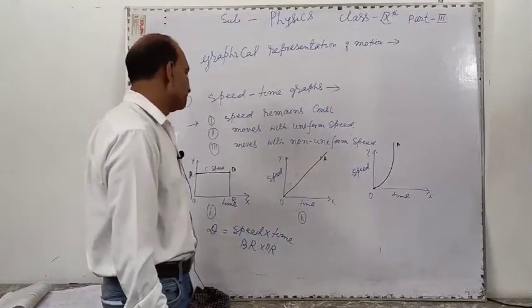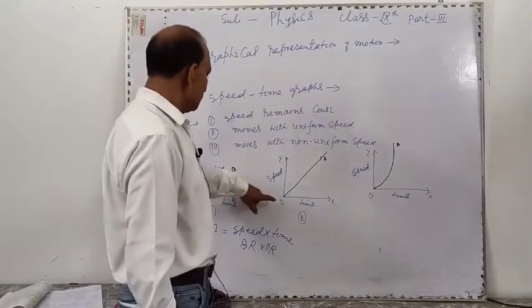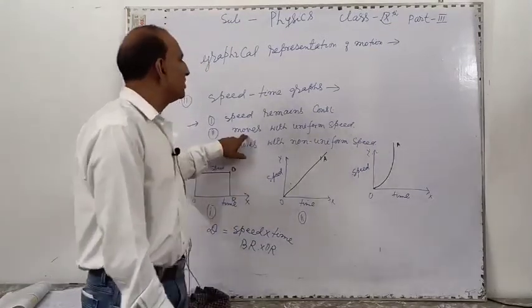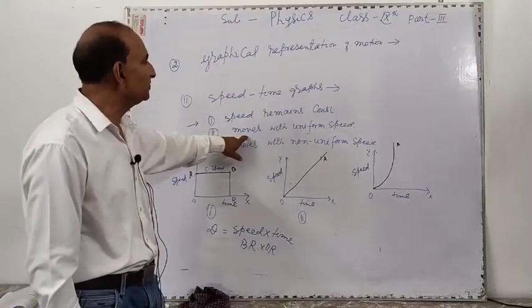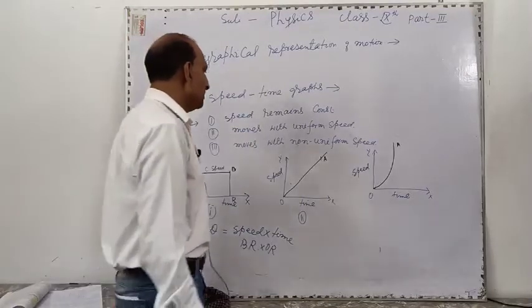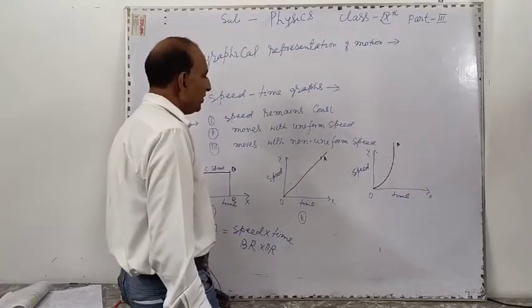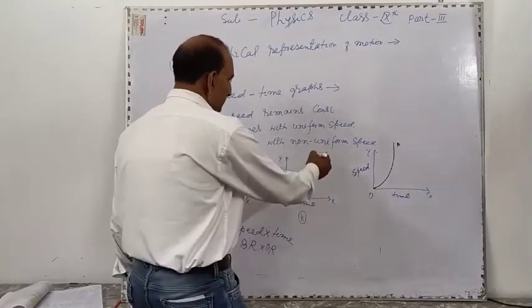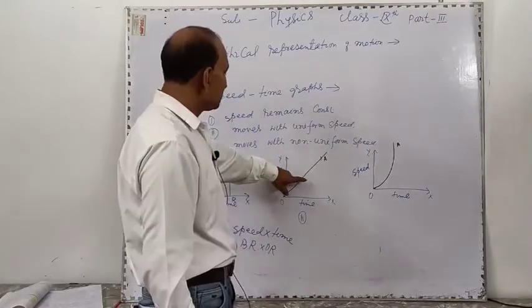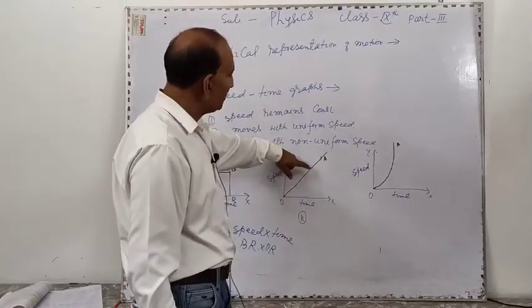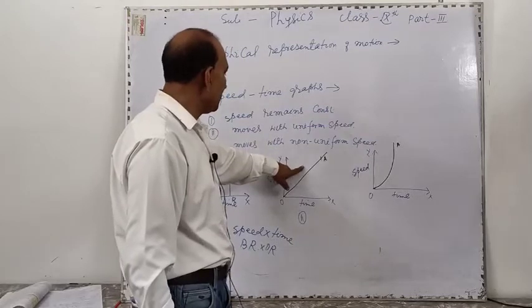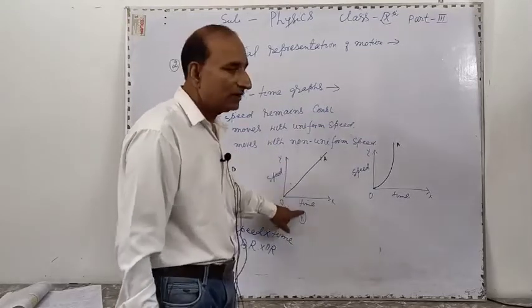And second case, when an object is moving with uniform acceleration, then the distance covered by a moving object is the space between the straight line, that is the graph, and the time axis.